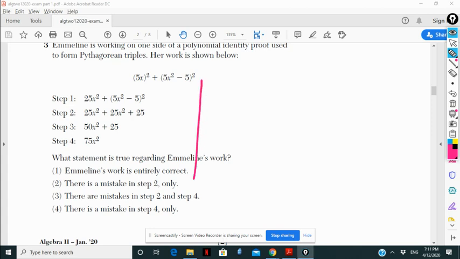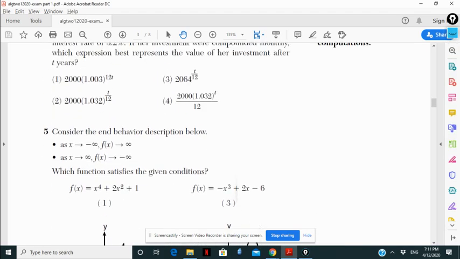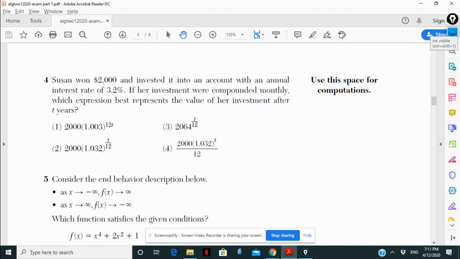Question number 4. Susan won $2,000 and invested it into an account with an annual interest rate of 3.2%. If her investment were compounded monthly, which expression best represents the value?